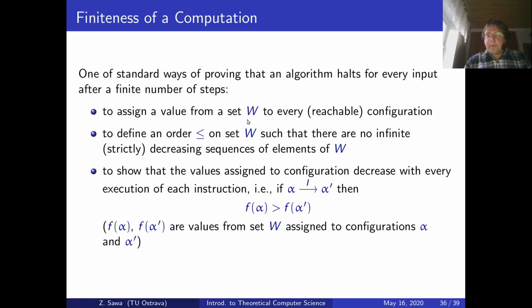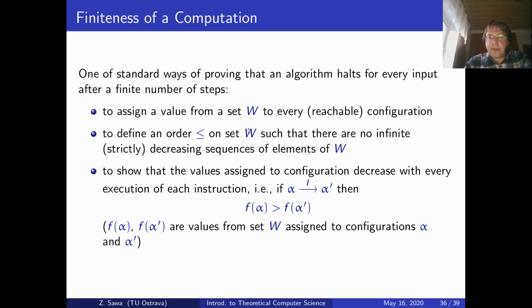So if I specify for each configuration some value from this set W, and if I find some ordering of values in W, where I ensure that in every step, when the machine goes from some configuration alpha by performing instruction I to some new configuration alpha prime, this value will be decreased.